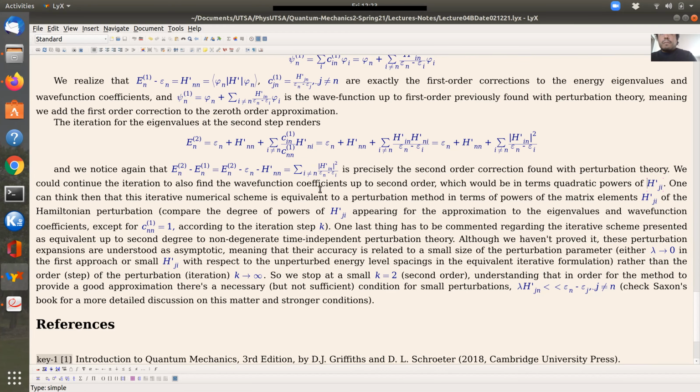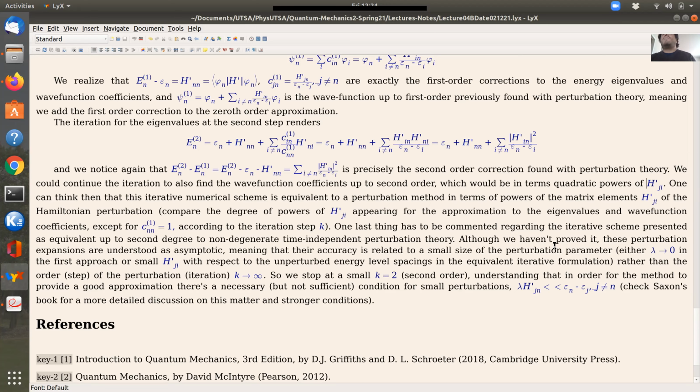So, so far we have shown equivalence, which I think is quite interesting. And also I want to stress, without using the parameter lambda equal to 1. So that's one thing. In a way, this is partly showing the redundancy of the lambda parameter. On the other hand, this is why I made the comment that if we were to do the iteration for the wave function coefficients to second order, it would be quadratic, because now the order is related to the matrix elements rather than the lambda parameter.